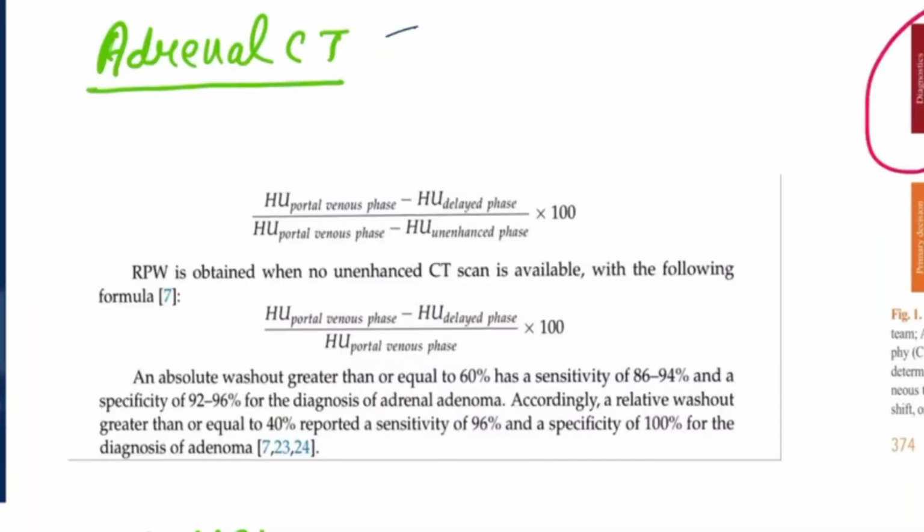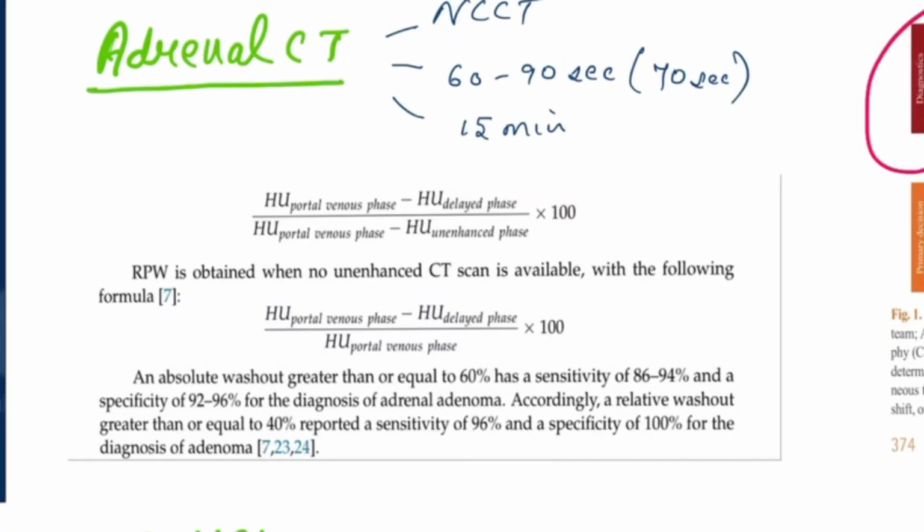We do a non-contrast image, then we do a contrast image at approximately 60 to 90 second delay after contrast injection, like for example 70 seconds, and then we do a delayed scan at approximately 15 minutes post-contrast injection. Then we calculate the Hounsfield units of the lesion in all the phases.